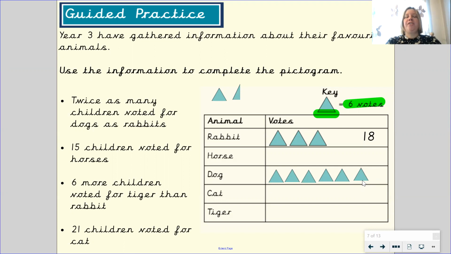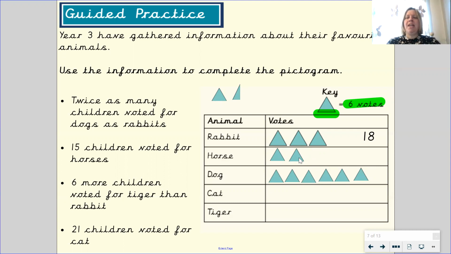15 children voted for horses. So I'm going to horses and I know 15 children voted for horses and I need to represent that on the pictogram. If I take one triangle, that gives me 6. If I take another triangle, that gives me 12. If I was to take another triangle, that would give me 18, but I only need 15, so I've got 12.